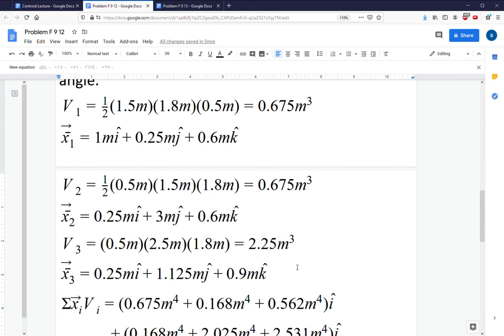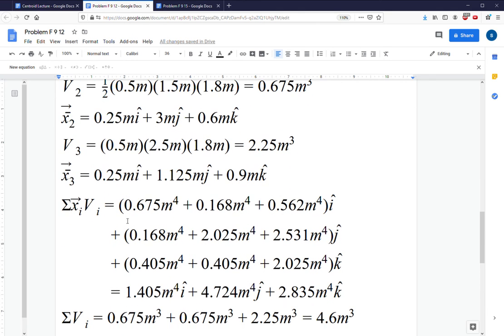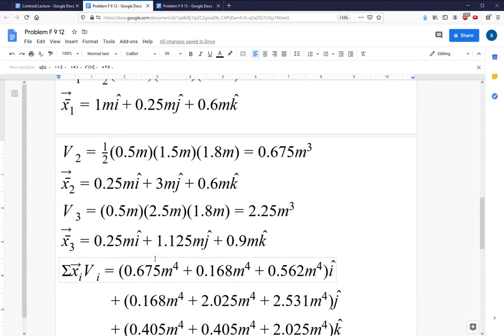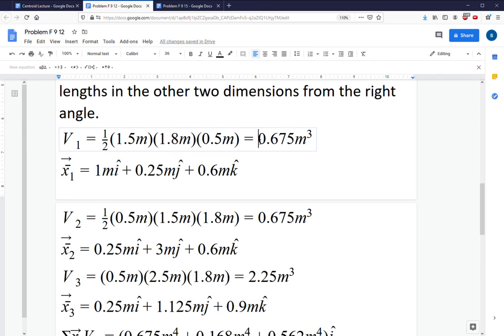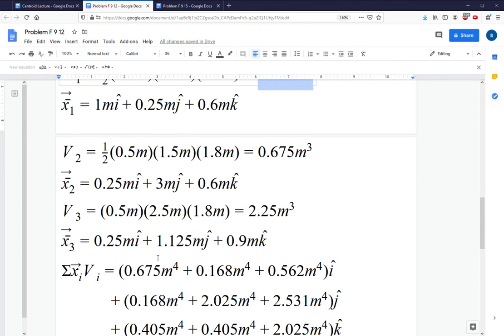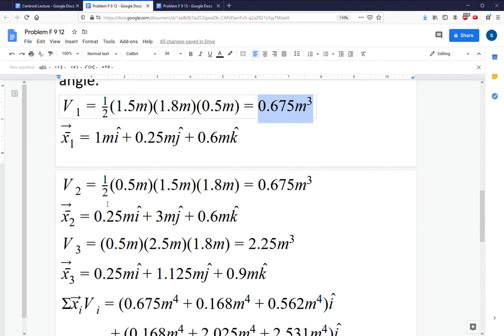To find the centroid of the figure as a whole, we take the sum of x_i v_i divided by the sum of v_i. So for the sum of x_i v_i, I've done this component by component. So these are the i components. This is 1 meter times 0.675 cubic meters. This is 0.25 meters times 0.675 cubic meters.